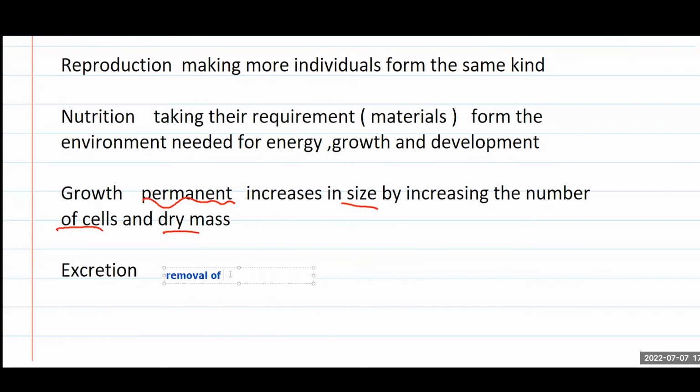Removal of metabolic waste products and toxic substances and substances in excess. From where? Removal of these things from the body. You have to write all of that to gain the 3 marks.